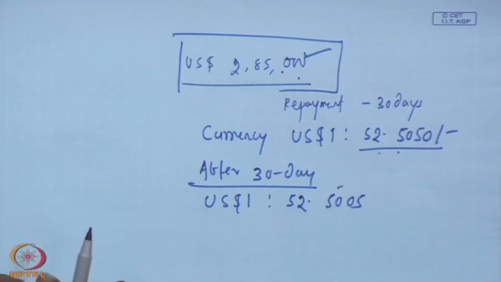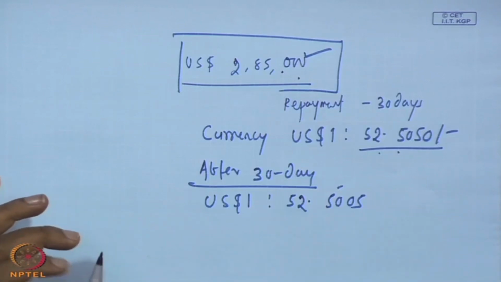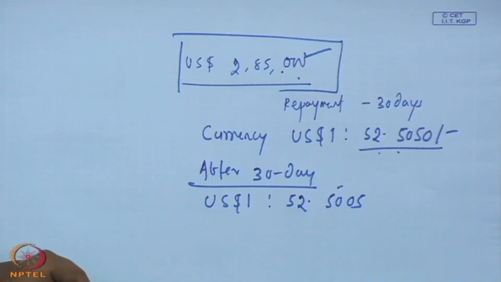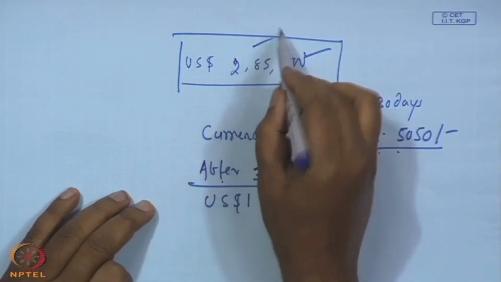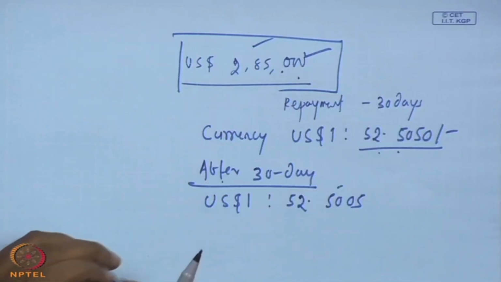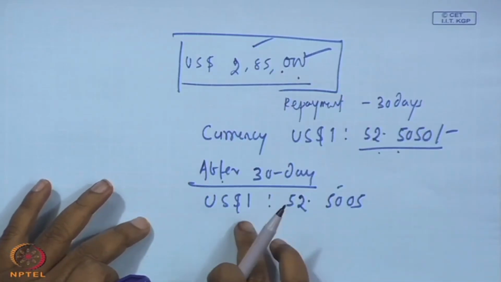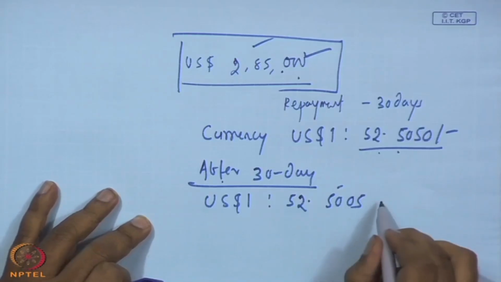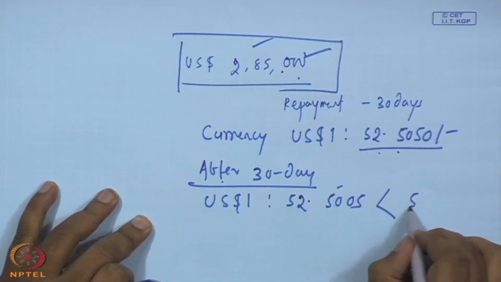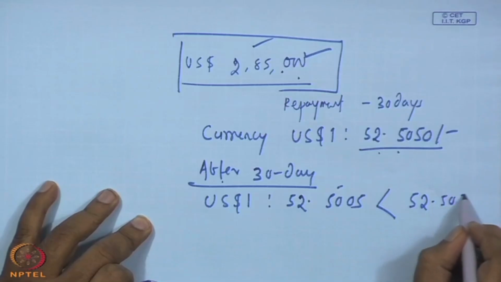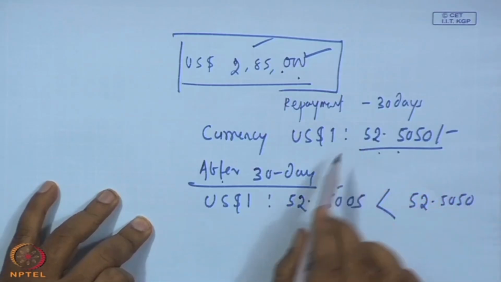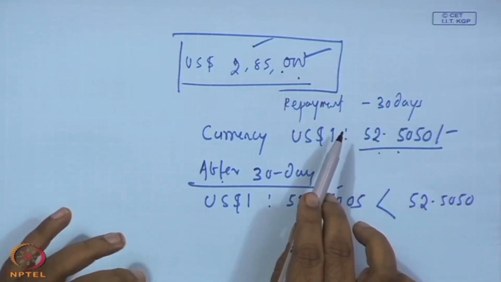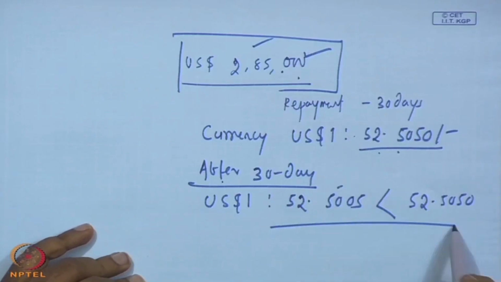So, when the exporter gets this amount of 2,85,000 dollars after 30 days, he will convert at the current rate, which is less than 52.5050, which was prevailing one month before when he actually exported. So, it creates a transaction loss.